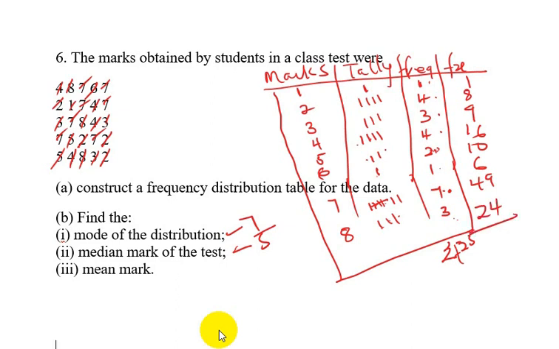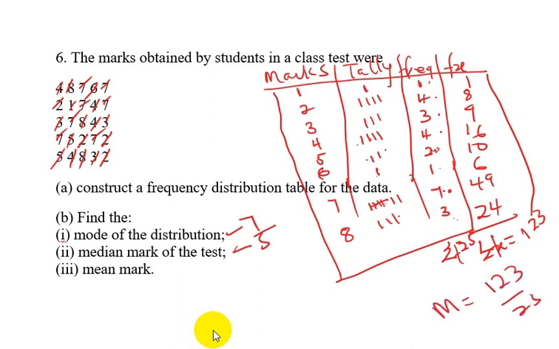So we'll add everything here, that is called the sigma fx, or sum of fx. Okay, and that is going to give us 123. So the mean will be 123 divided by 25, which is going to give us 4.92. Okay, so that is all for 2019 BEC.